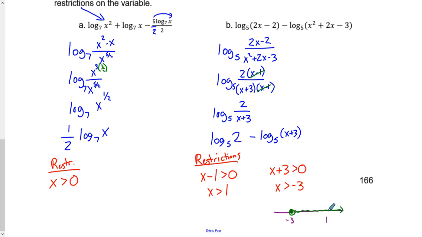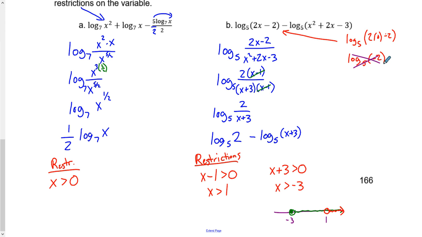But to be greater than 1 would be there and everything there. If we chose a number less than 1 and plug it in, like 0, 2 times 0 is 0, subtract 2 is -2. You cannot take, so just as a side note, you plug 0 in, it would become log base 5 of -2.